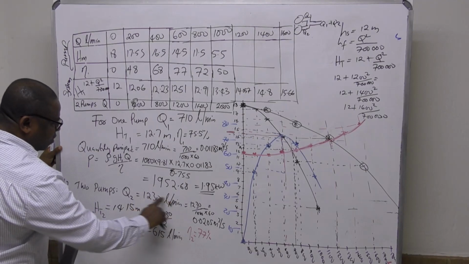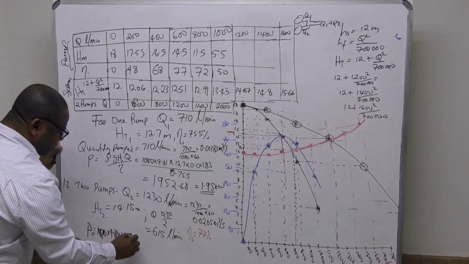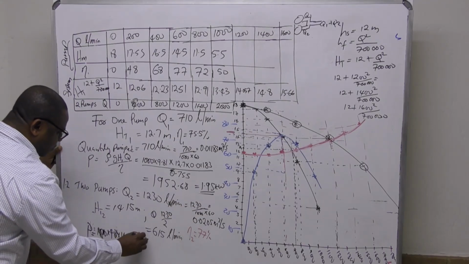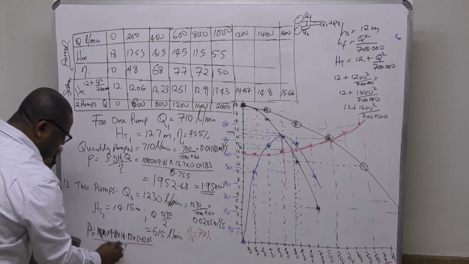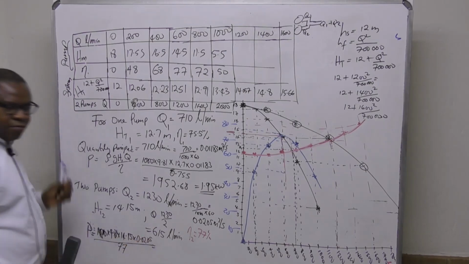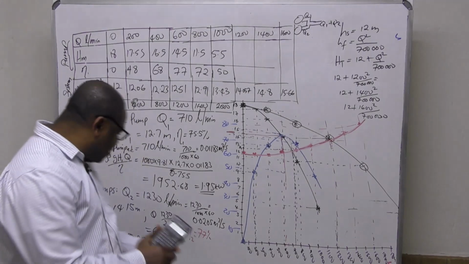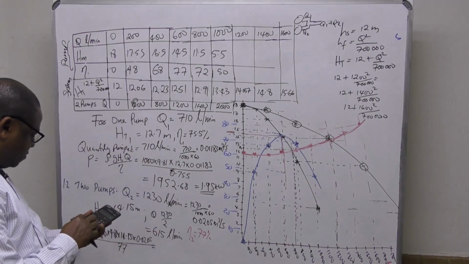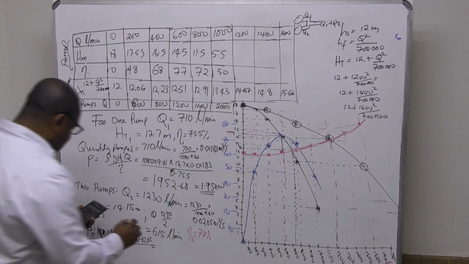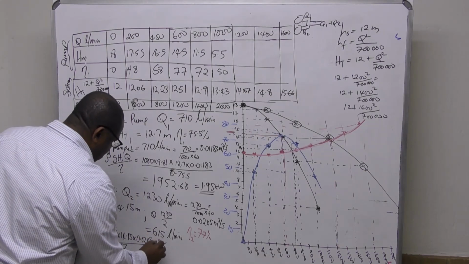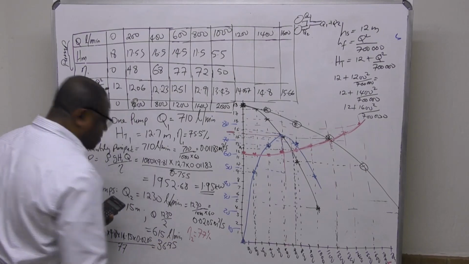So our Q for the 2 pumps is 0.0205. So efficiency is 77. When you do that, you should be able to get 36.95.